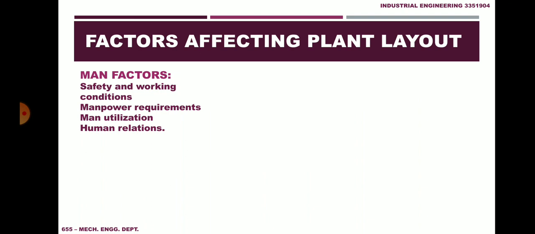If we provide them better safety and working condition, it obviously improves the plant layout facility. If we provide proper manpower, proper utilization, and proper relation with them, it will affect the plant layout.